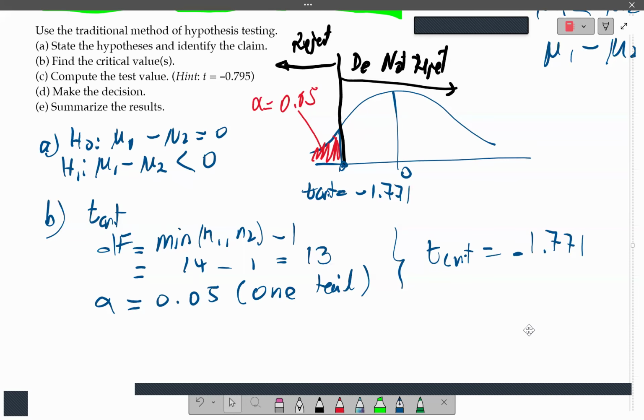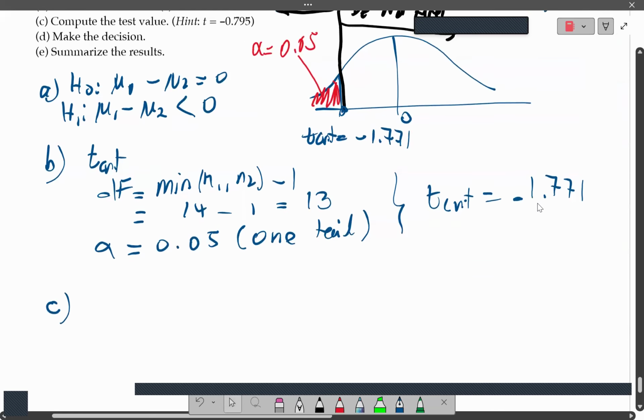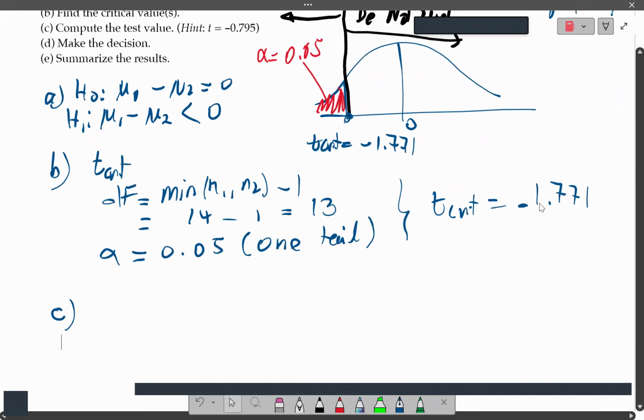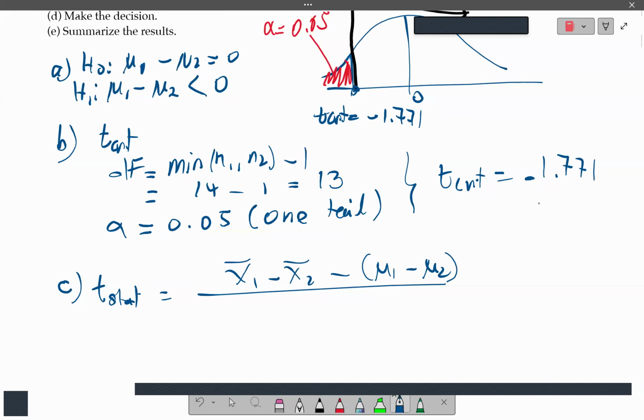C, compute the value of the test value. Since we are comparing two means, do you remember the formula, the ugly one? The T stat here is x1 bar minus x2 bar minus (mu1 minus mu2), divided by the square root of s1 squared divided by n1 plus s2 squared divided by n2.